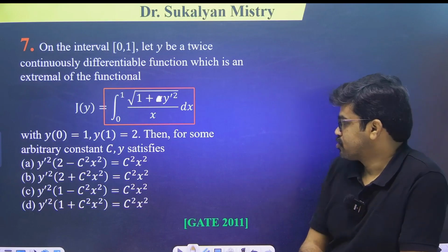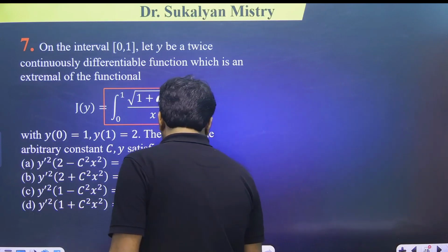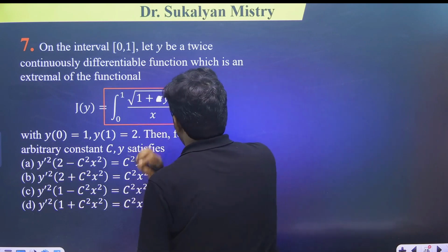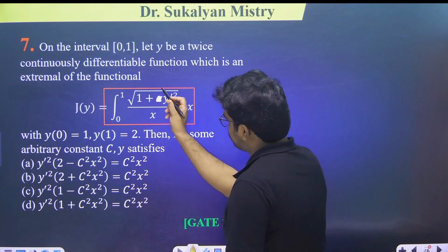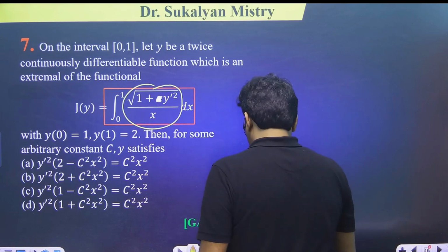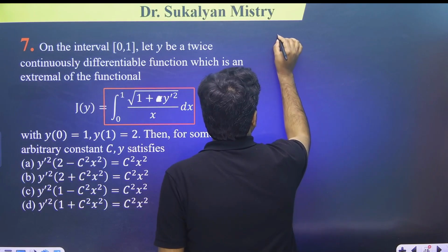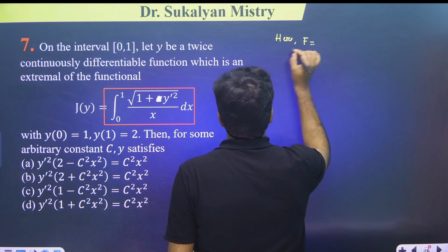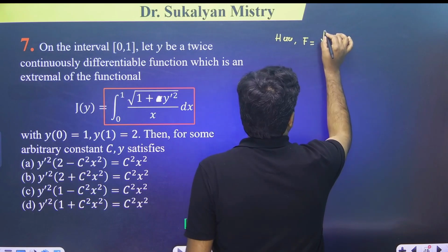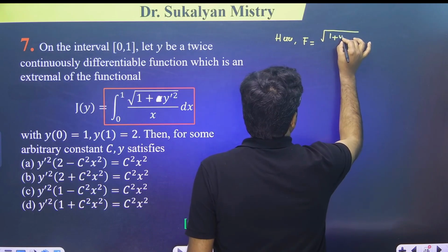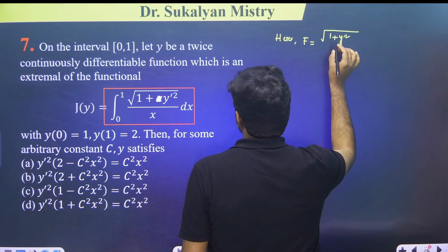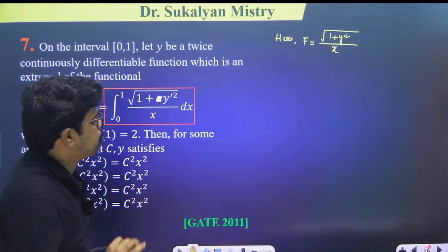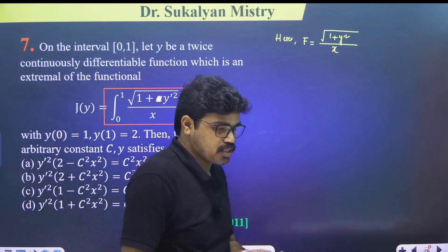So what is given here? Here f is a function of x and y dash only. Here f is equal to root over 1 plus y dash square divided by x. What is Euler's equation?